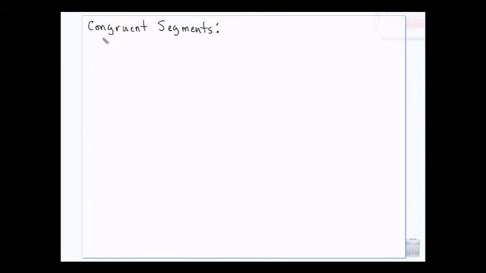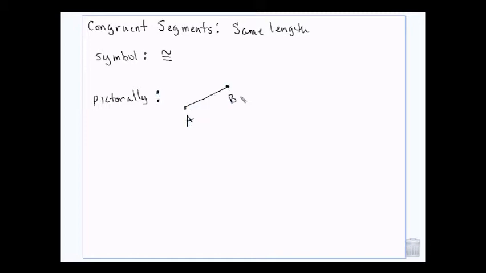Congruent means the same length. Okay, so congruent segments are segments that have the same length or same measure. The symbol for congruent is a squiggle over an equal sign. Pictorially, if I have congruent segments, they have the same number of hash marks.